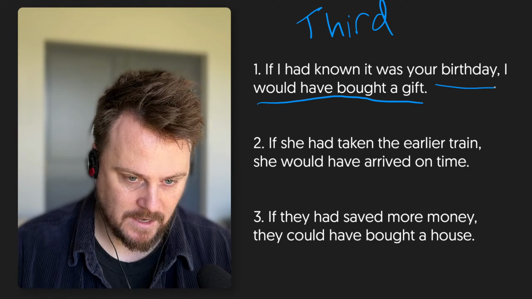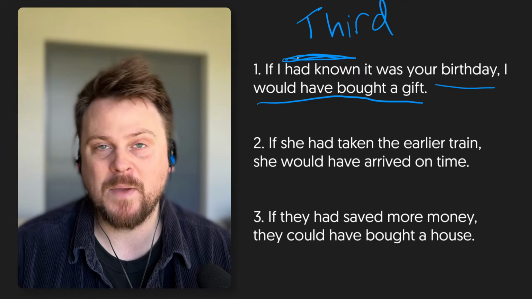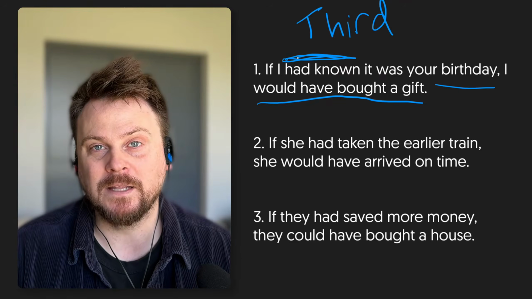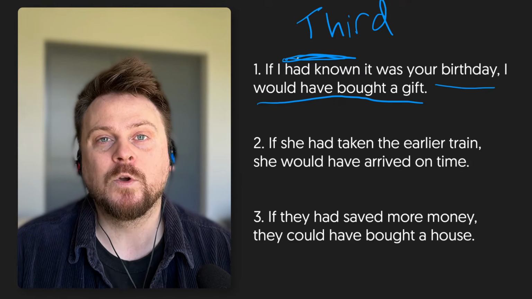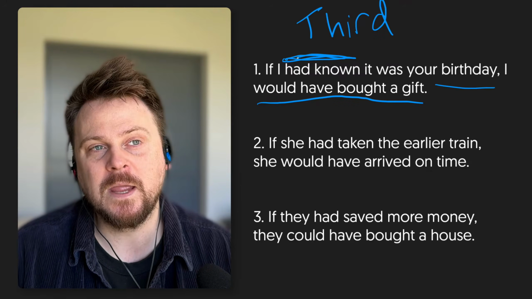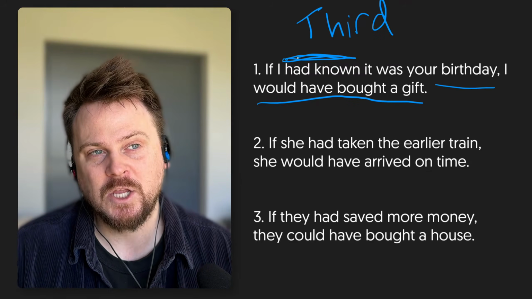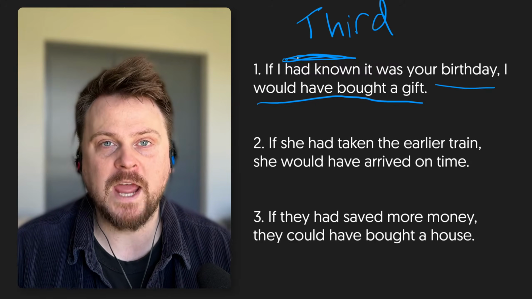So had known is the key phrasing here. This is the past perfect tense. Had been, had seen, had done, right? When we're doing the third conditional, often we are using the past perfect tense to explore something that would have happened.